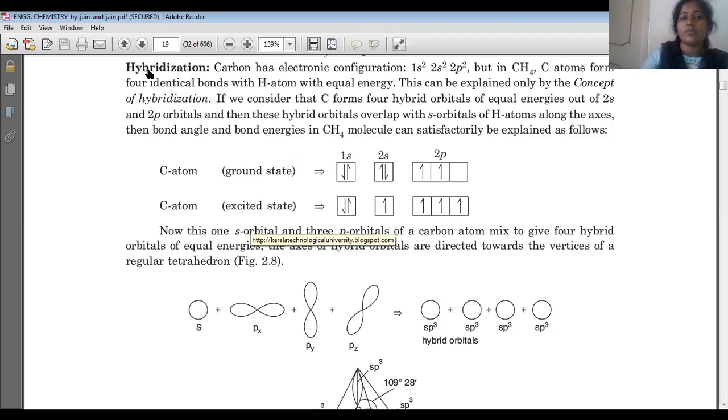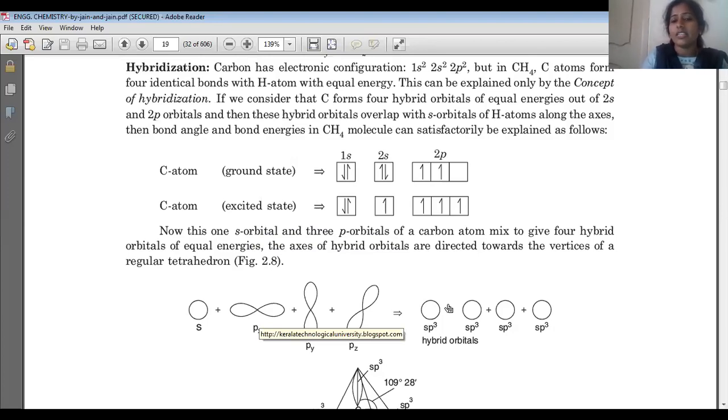Now let us see what is meant by hybridization. Hybridization is the intermixing of atomic orbitals, leading to the formation of an equal number of hybrid orbitals with equal energy and equal shape. We can combine a spherical s orbital and dumbbell p orbitals, but all the orbitals formed have equal energy.